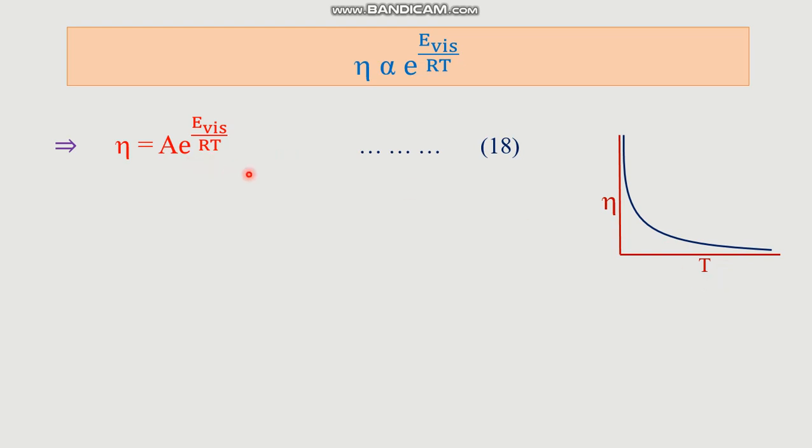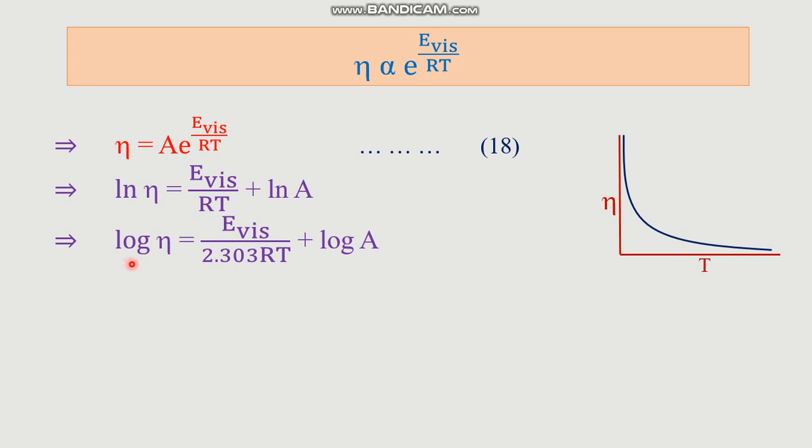Now if you take natural log of equation 18 on both sides, this relationship is obtained: ln eta equals ln A plus E_vis/RT. If you take base 10 log, just put 2.303 in the denominator, so log eta equals E_vis/(2.303 RT) plus log A. Now E_vis is a constant, R is also a constant, and 2.303 is a number, so in place of this you can put small letter a, which is yet another constant.